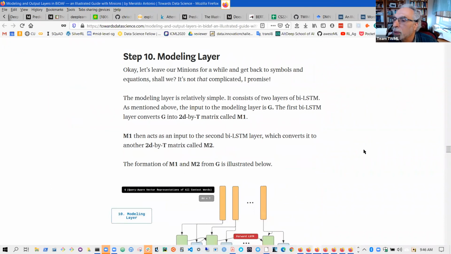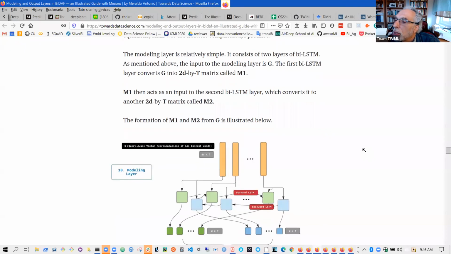Now this is the part we haven't covered yet, the modeling layer. Modeling layer is 2 layers of BiLSTM. The input to the modeling layer is G, that's the vector we just talked about. The first BiLSTM converts G into a 2D by T matrix called M1. M1 then acts as an input to the second BiLSTM layer, which converts it to another 2D by T matrix called M2.